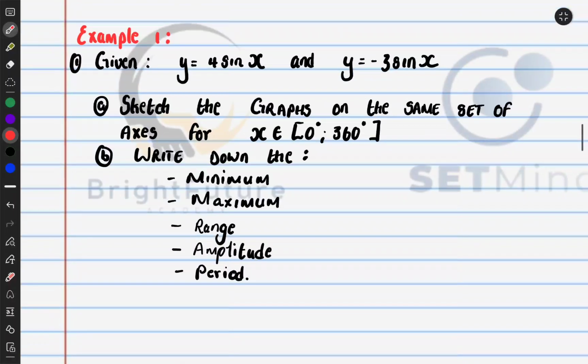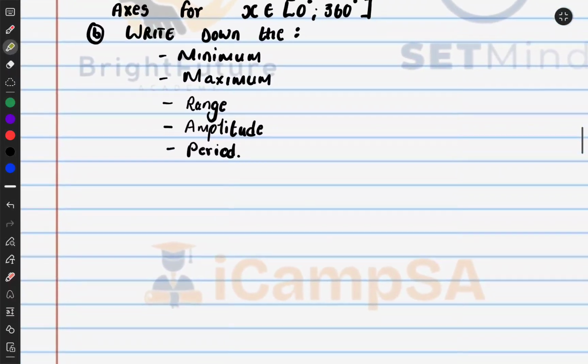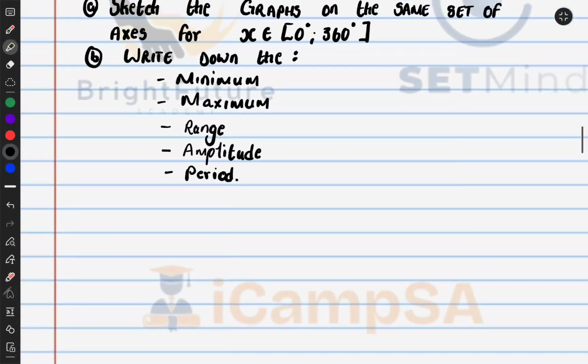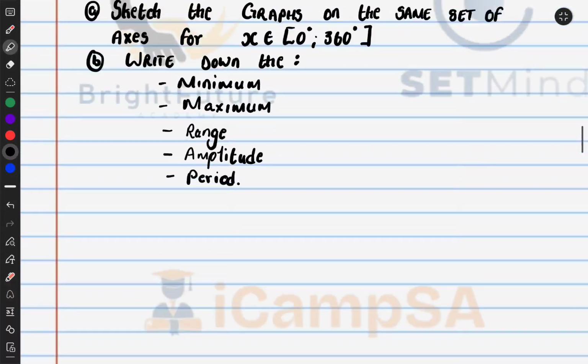Okay, I want you to pay attention to a few things. You see that the value of a has changed now. It's 4 for this one, and it's positive, so it's not flipped. And then we have the value of a is negative 3 there, which means our function has been flipped. Okay. So first thing first, let's complete our table for this function.